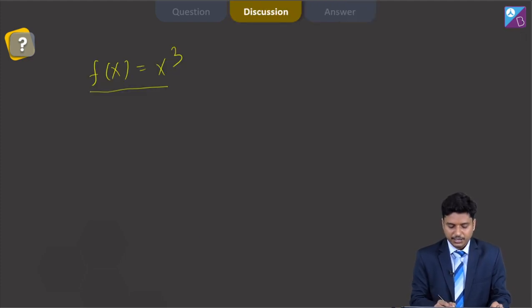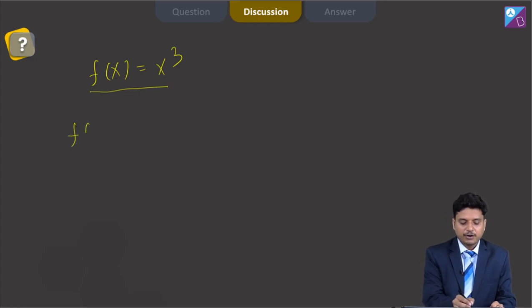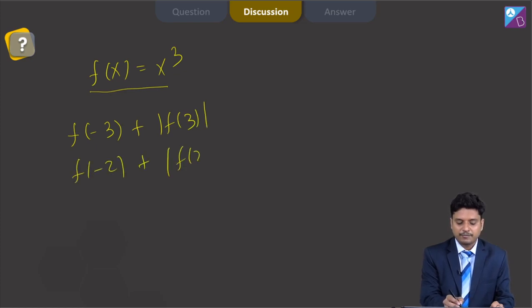So in the negative section, you can see that for f of minus 3 plus mod of f3, it will be equal to 0. Similarly, f of minus 2 plus mod of f2, that is again equal to 0. Similarly, for minus 1, f of minus 1 plus mod of f of minus 1 is again equal to 0.